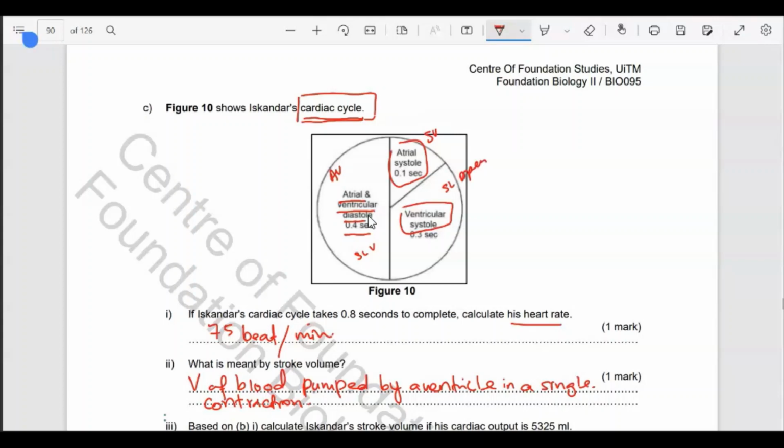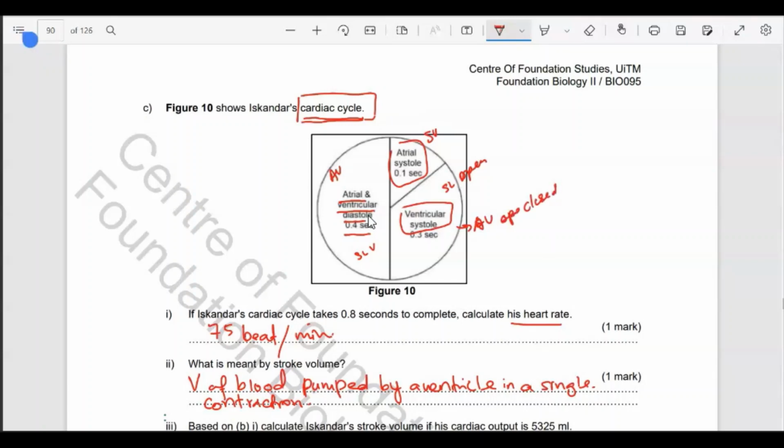Why? When the ventricle has contracted, obviously the blood in the ventricle must be pushed out, right? Out through either the aorta into the systemic circuit or the pulmonary artery to the pulmonary circuit. So the semilunar valve is open, and at the third stage, the AV valve is closed. The AV valve will need to be closed.